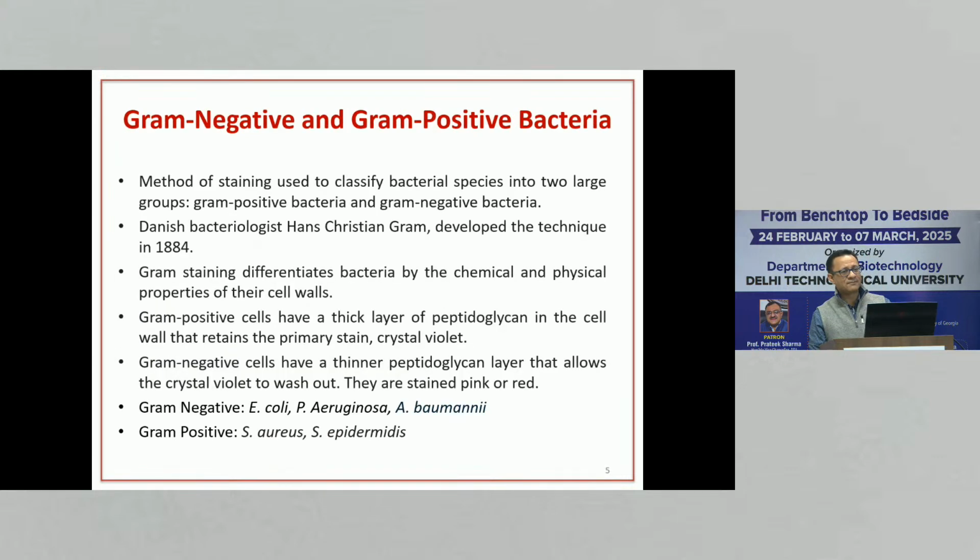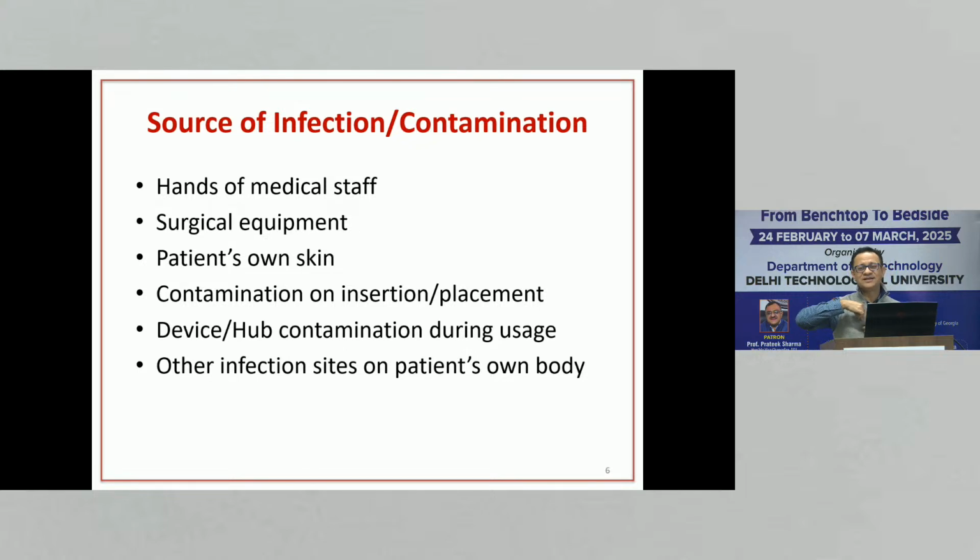Then there is hub contamination during usage. For example, when somebody has a catheter implanted, let's say a vascular catheter, there is a hub or access point outside where they use a syringe to draw blood or infuse medicine.